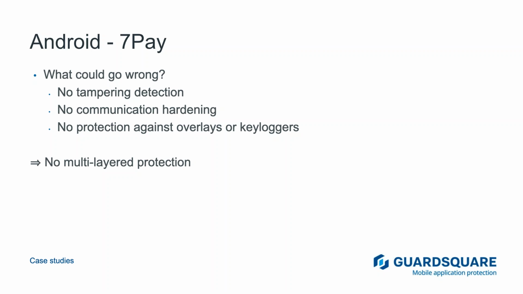Also, it can be possible that no communication hardening was done, so no SSL pinning, no hardening of that SSL pinning implementation, and therefore making it possible to perform a man-in-the-middle attack. It might also happen that there was no protection against overlays or keyloggers, making it possible for malware to sniff the user's credentials using an overlay attack.